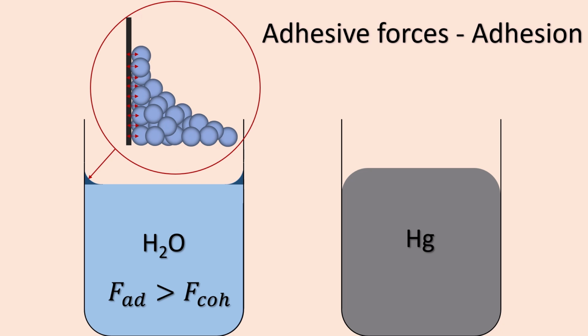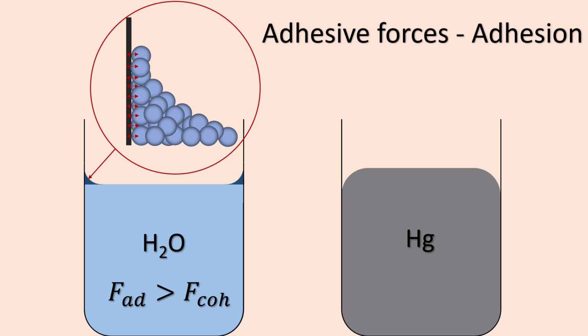Climbing up the walls of the glass, water molecules increase the free surface area of the liquid, which is opposed by surface tension. The balance between these two tendencies, the force of adhesion on one side and the force of surface tension on the other, stops further climbing of water up the glass.